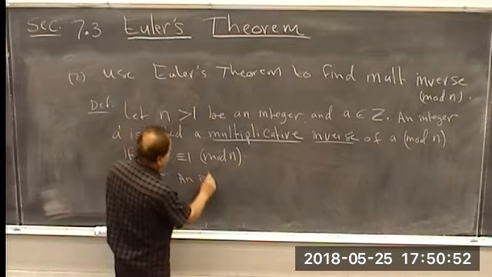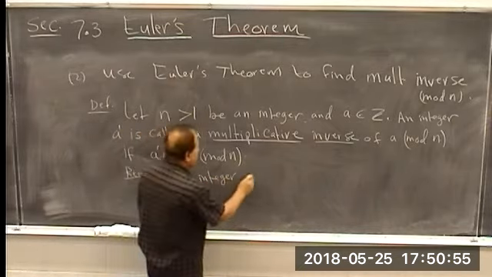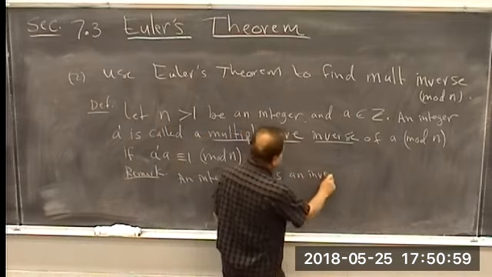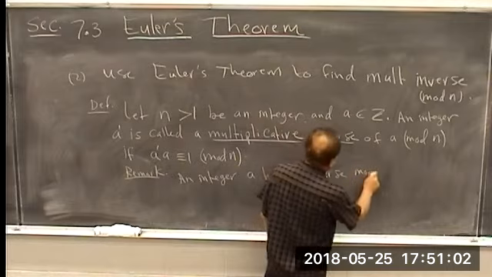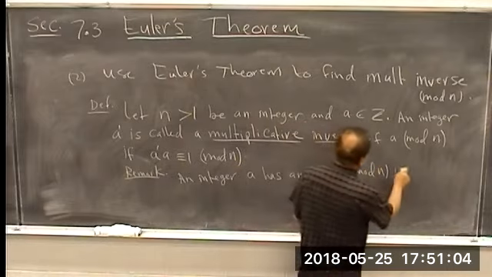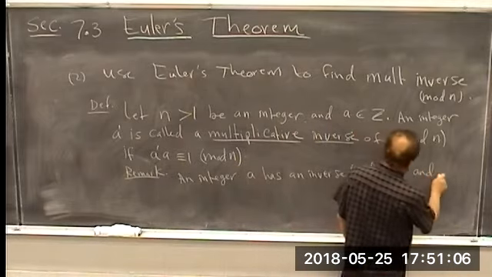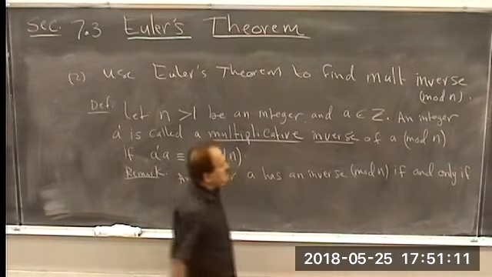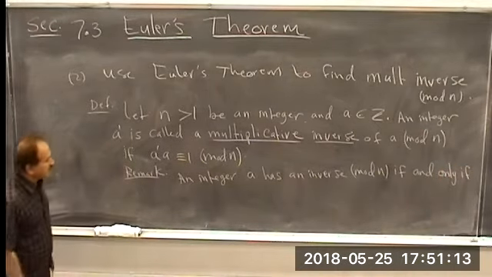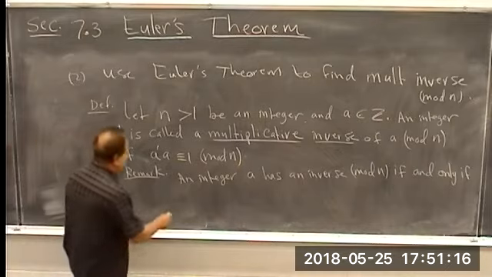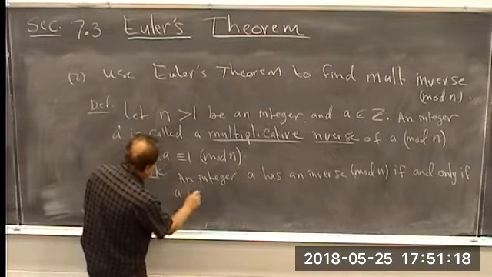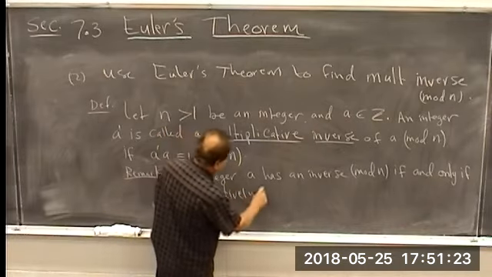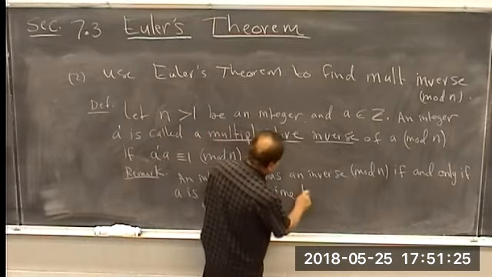This is a theorem, but it's not very big of a deal. So we're going to call it a remark. An integer a has an inverse mod n if and only if a is relatively prime to n.